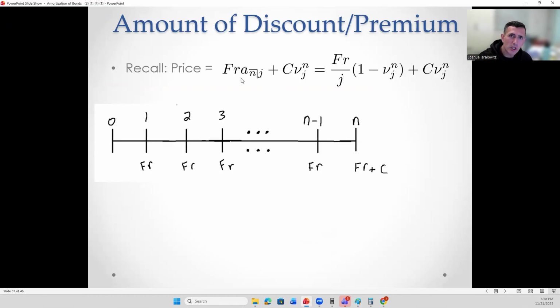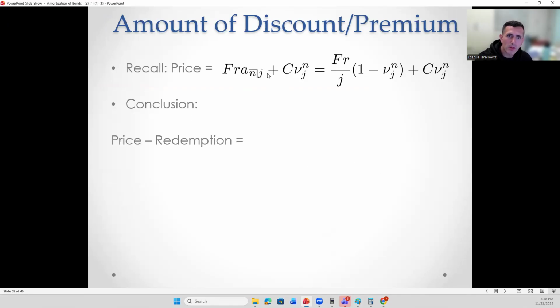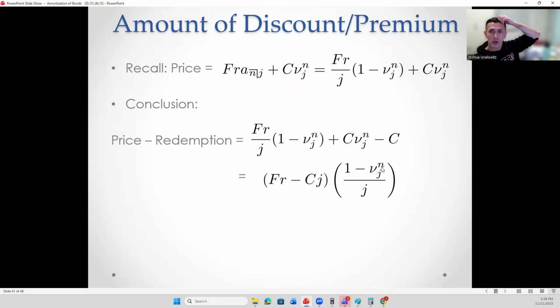And just plug and chug into the formula for A and J. And this gives us a nice formula for price minus redemption if you just do a little bit of algebra. And remember, if the price is smaller than the redemption, then minus this is the amount of discount the bond is purchased at.